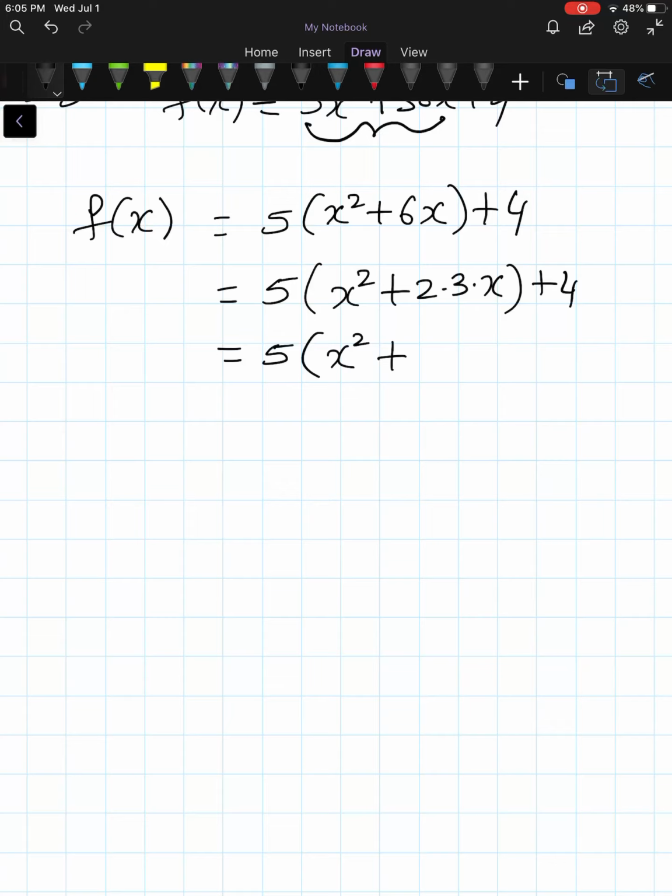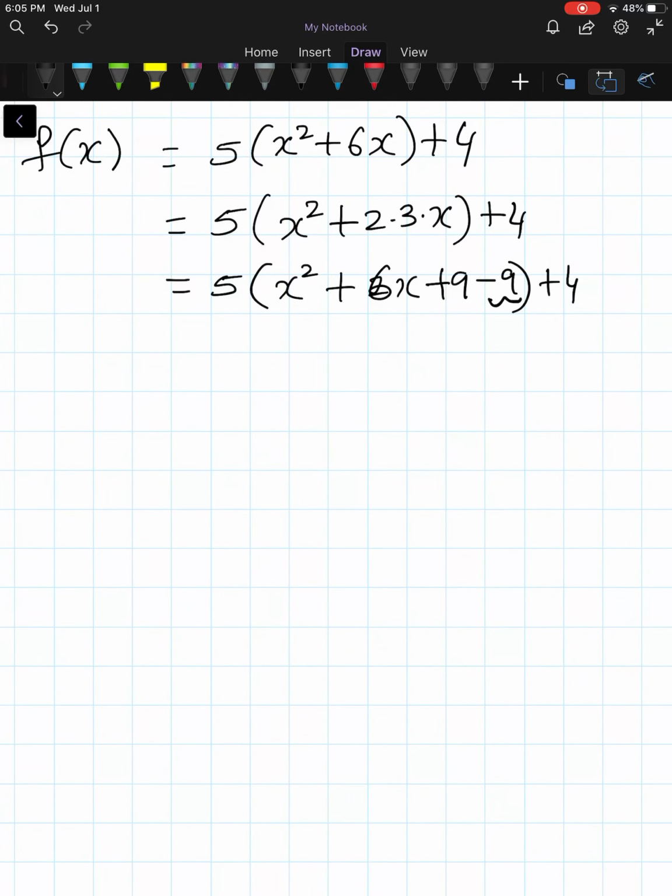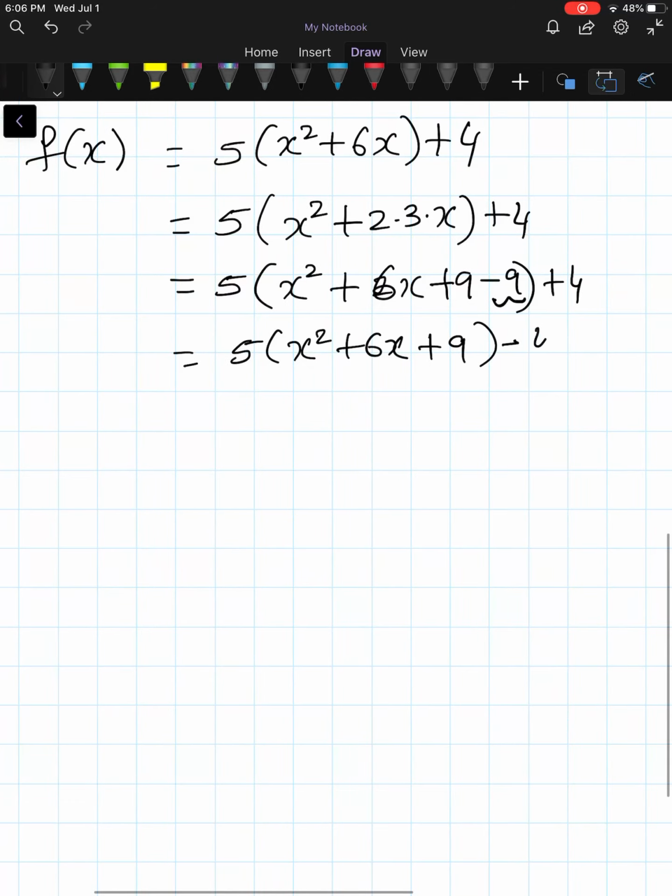We get x square plus 6x plus 9, so plus 9 and minus 9, plus 4. The minus 9 should be multiplied by 5 to take it outside the brackets. So we get 5 times x square plus 6x plus 9, into minus 45 plus 4.